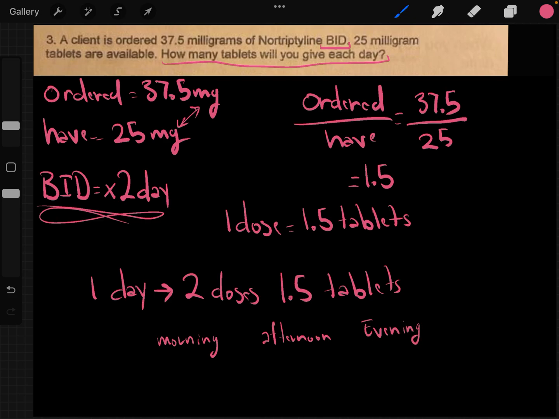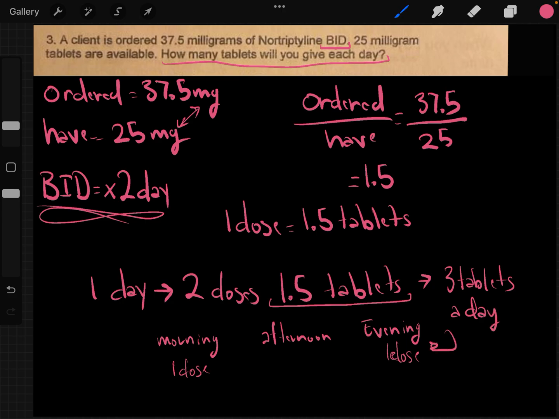When taking meds, some you want to eat with, so you may take 1 dose in the morning, 1 in the evening, but for each dose, you're getting 1.5 tablets. Okay, so the total amount taken in a day is basically 3 tablets a day. But we just want to remember it may not all be taken at once. It may be given several times throughout the day.